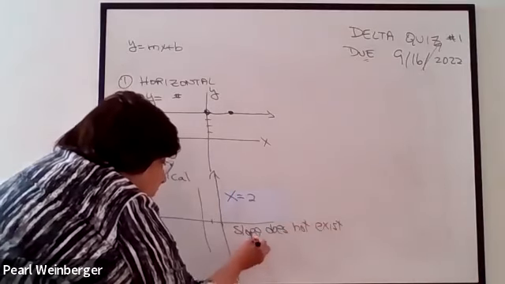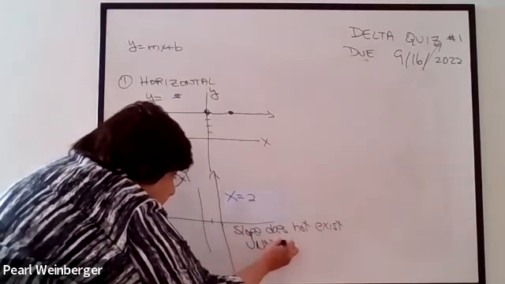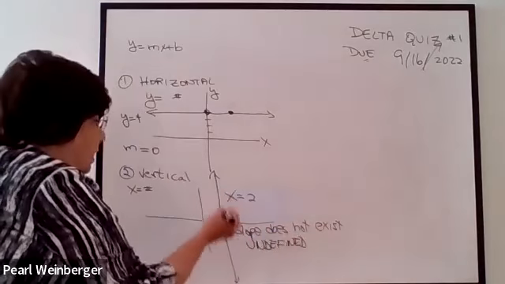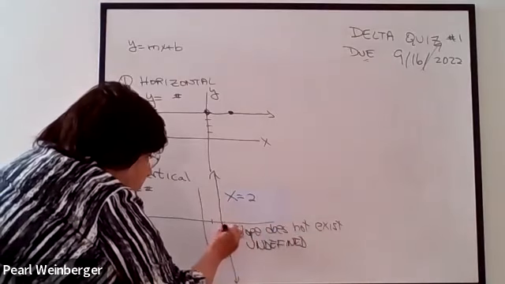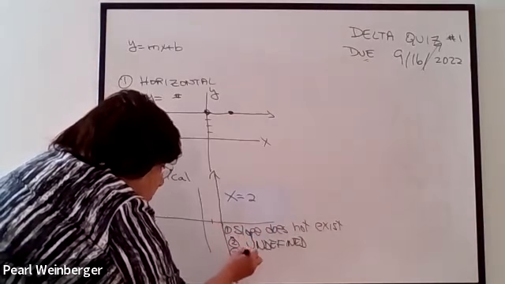Sometimes the term is undefined. The slope is undefined, that means it does not exist. These all say the same thing: there is no slope.